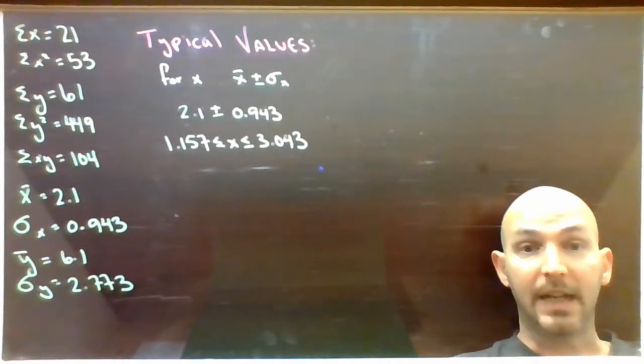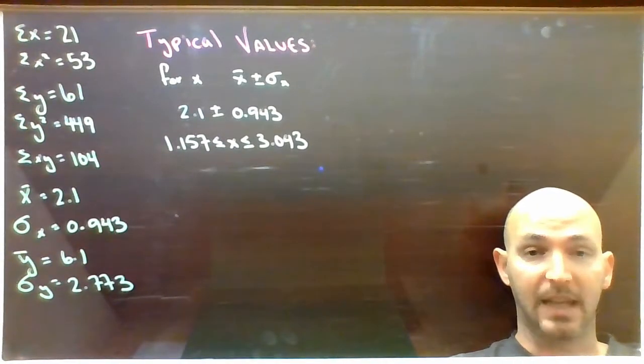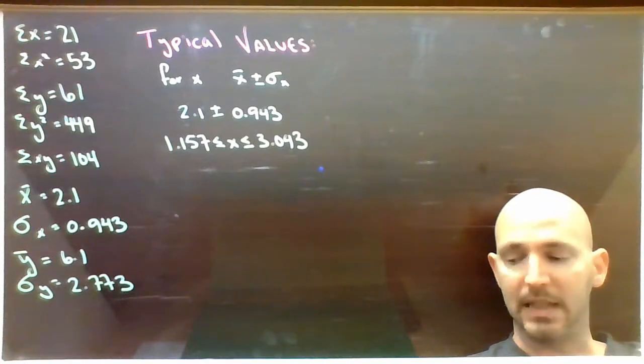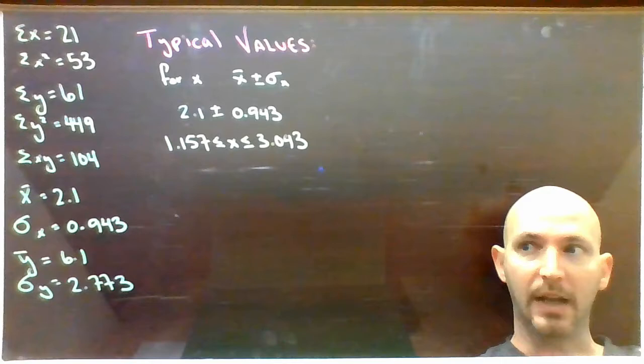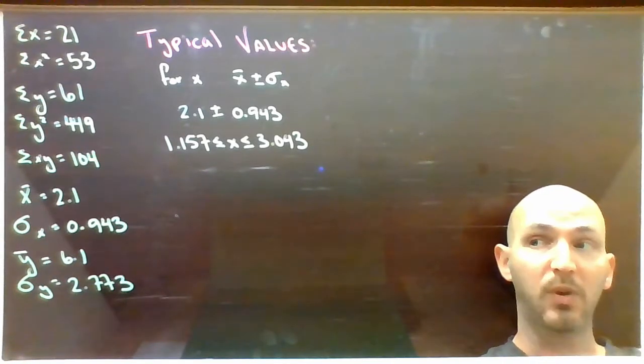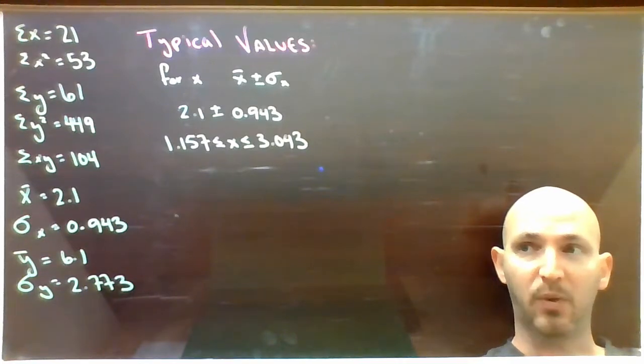And if we were to take that information and phrase it in the form of a sentence, our x values were the number of weeks that these new employees had been working. So a typical employee has been working between 1.157 and 3.043 weeks.